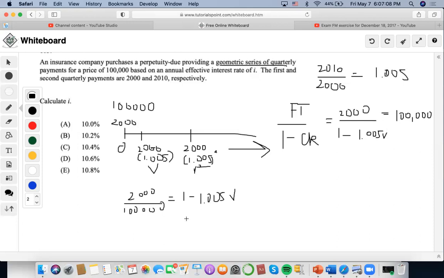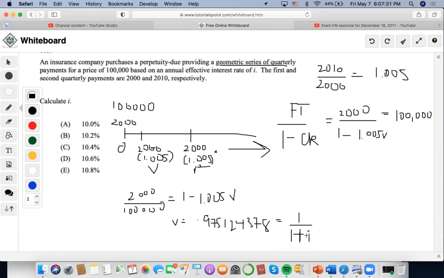So I'm going to get that v is going to equal 0.975124378. I'm going to keep all the decimals to be as accurate as possible. I'm going to set it to 1 plus i so I can actually find what i is equal to.